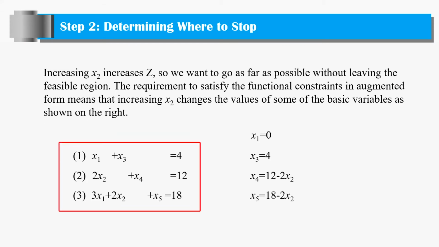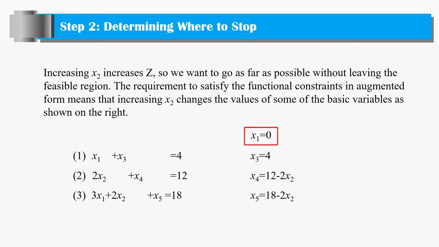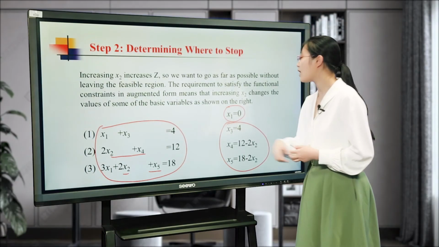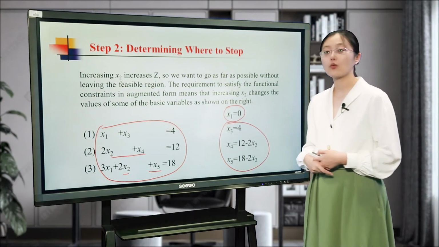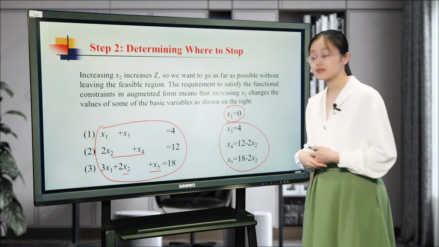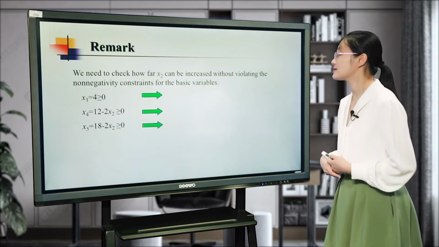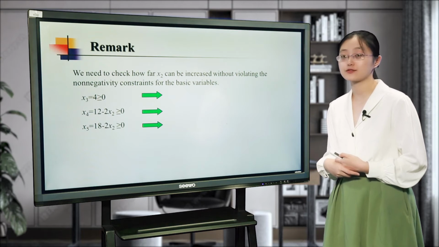By looking at these constraints, we can see that x2 and x4, and x2 and x5, have some relations. Since we don't do anything to x1, x1 is still set to be 0, then we can solve x3, x4, x5 in terms of x2. With all these expressions, they are the slack variables, and they must satisfy the non-negativity constraints.